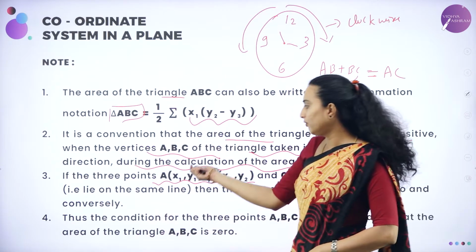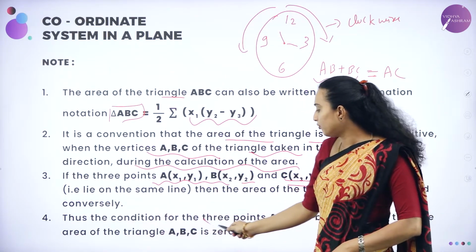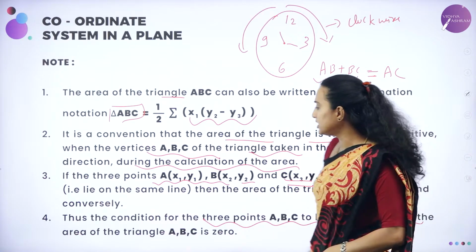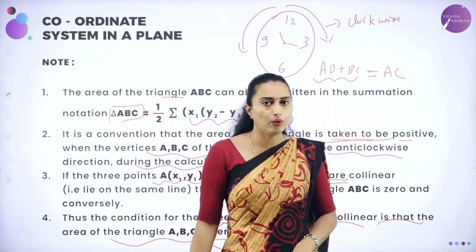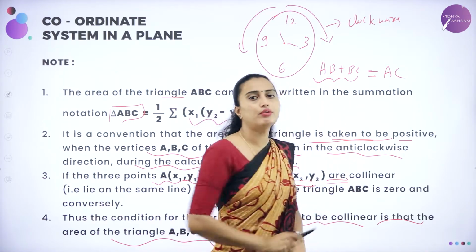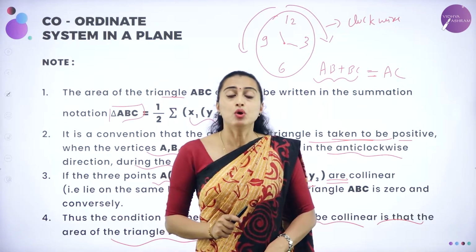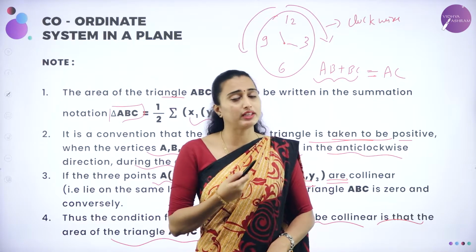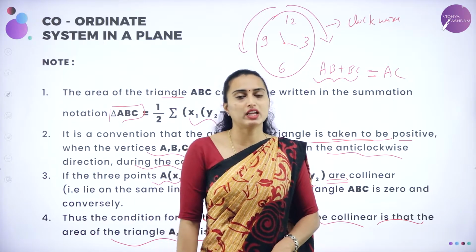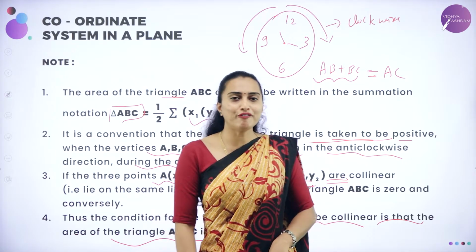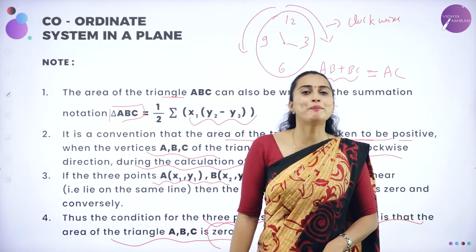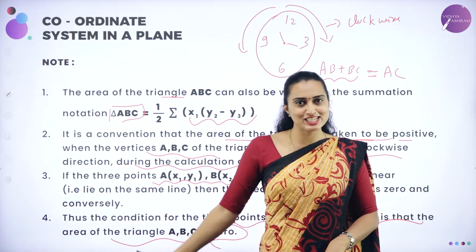That's the condition for the 3 points ABC to be collinear: the area of triangle ABC must be 0. This is one proof when points on a straight line are given; when triangle points are given, you can prove it like this also. Understood? Now we'll move on to solving problems using these formulas.